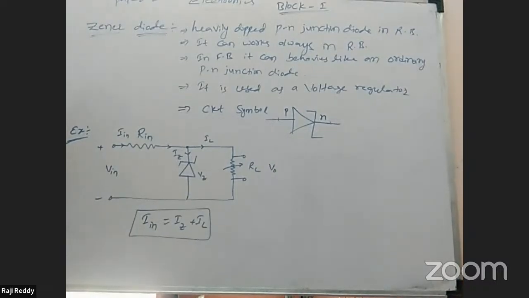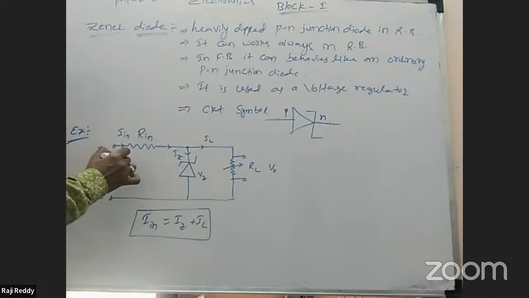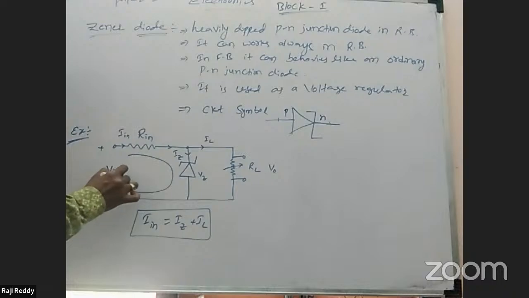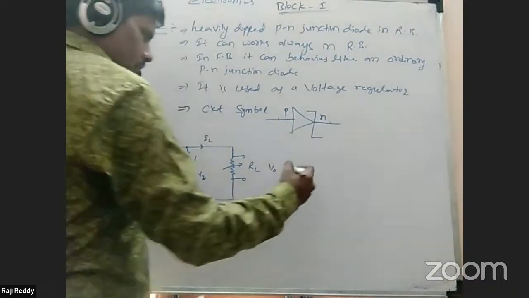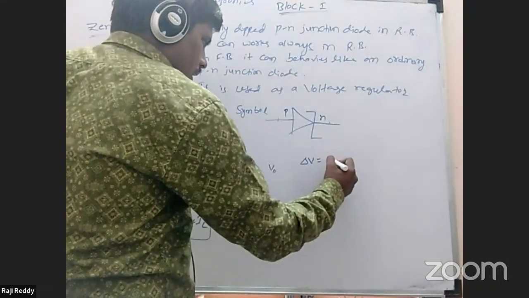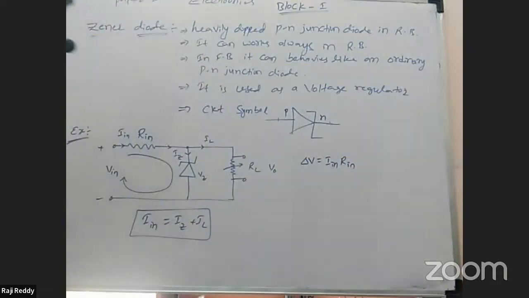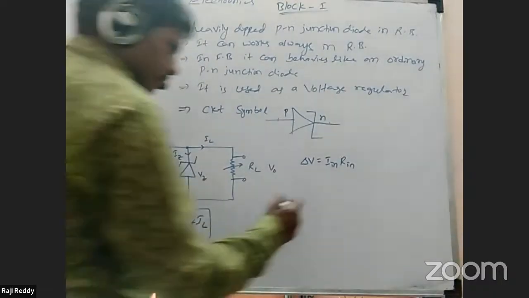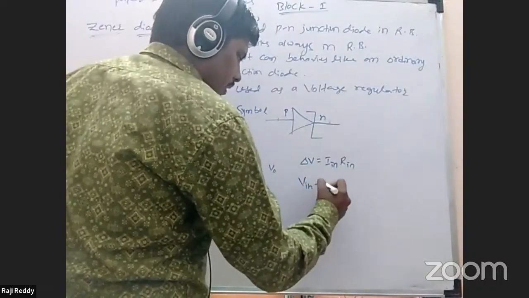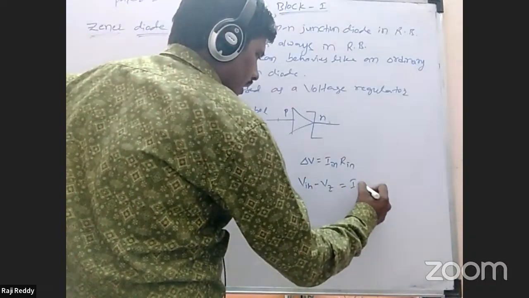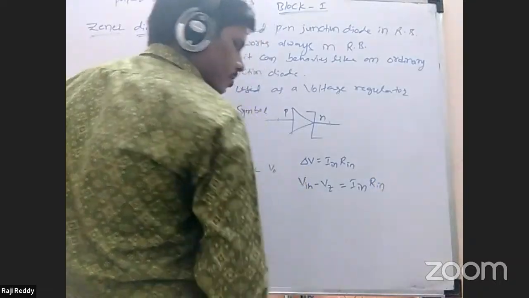Sometimes they will ask for the least current or the maximum current across the Zener diode. In terms of voltage, you can apply this closed loop: delta V is equal to I in into R in. The delta V value is input voltage minus VZ, so V in minus VZ is equal to I in into R in.